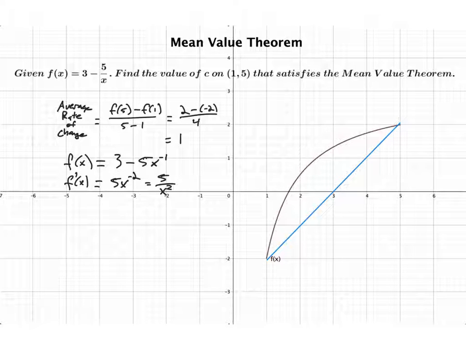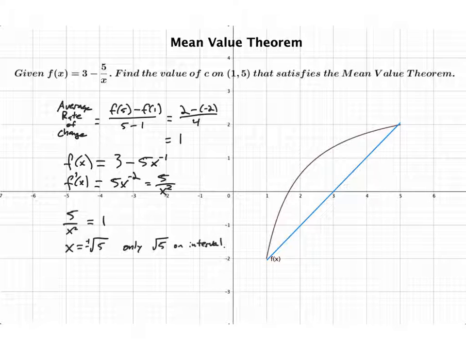Next, we want to set that equal to the average rate of change and then solve for x. So we set the derivative, 5 over x squared, equal to the average rate of change on the curve on the interval. And we solve for x and we get plus or minus root 5, but only positive root 5 is on the interval.